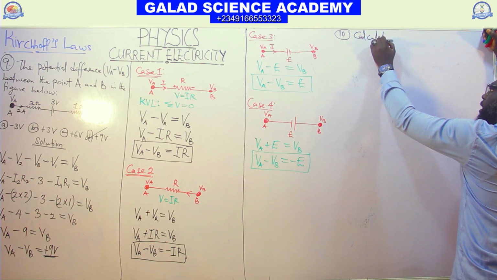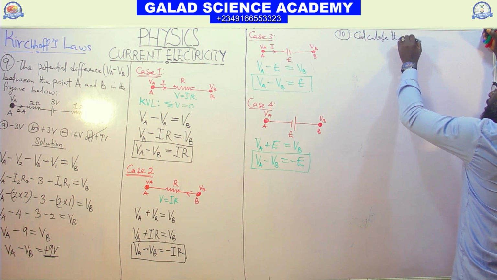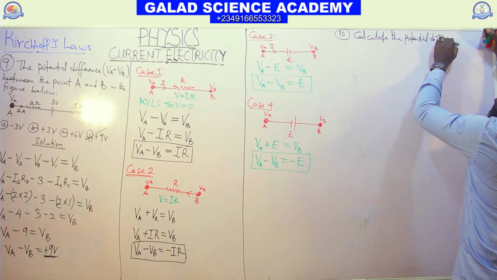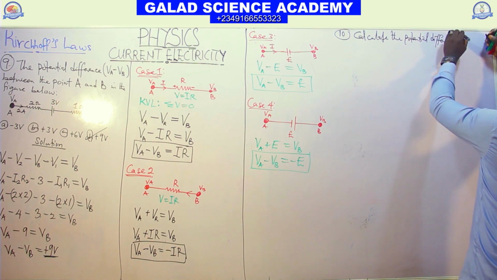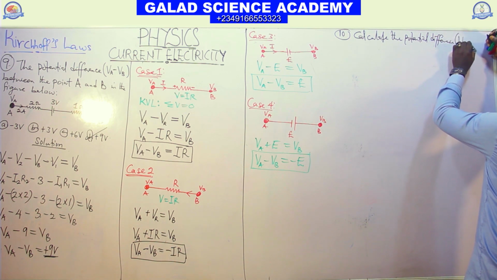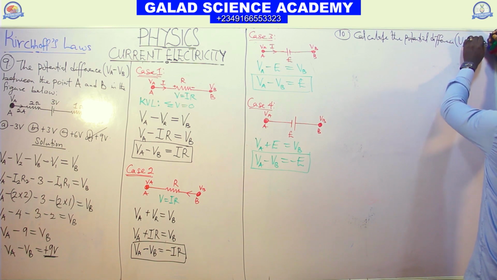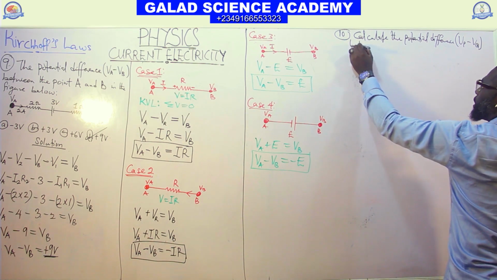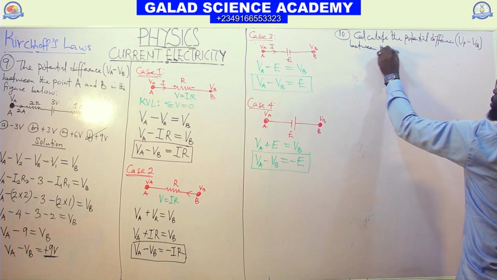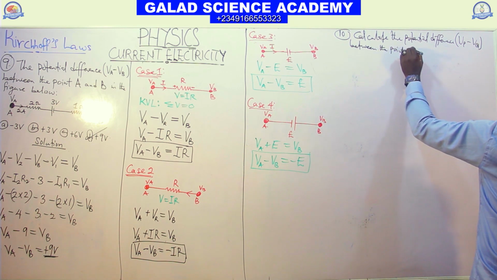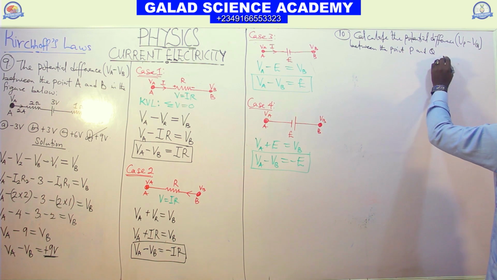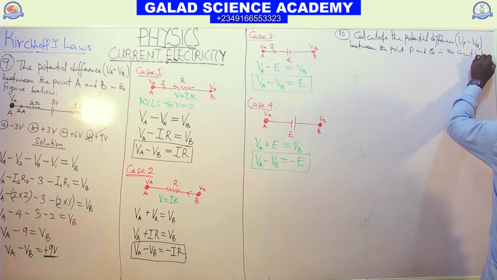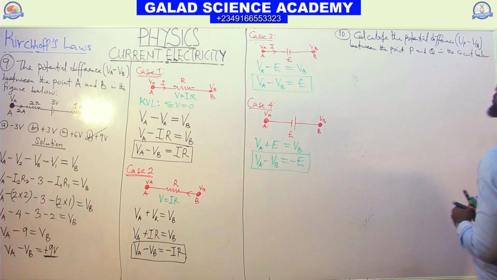Calculate the potential difference VP minus VQ between the points P and Q in the circuit below.